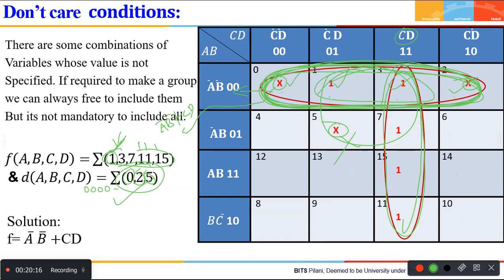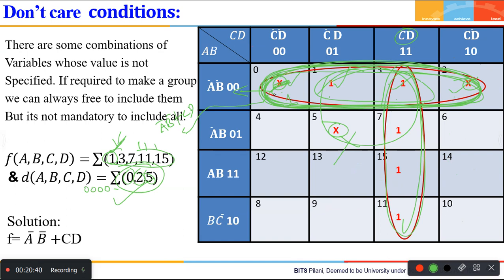Still here, for example, listen carefully. Now, assume here I have 1, here you have 1, here you have 1, here x. This also can be combined. Including don't cares and ones, it should be either 2, 4, 8 or 16.